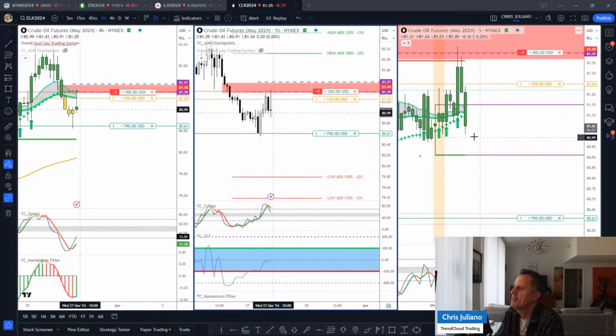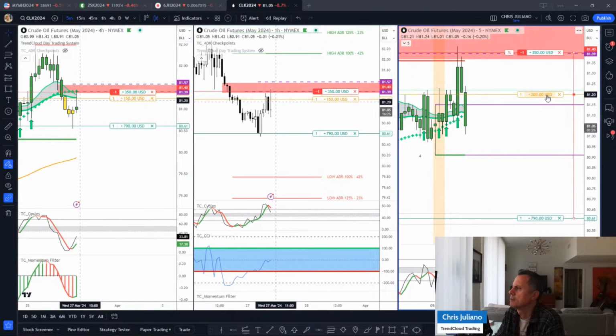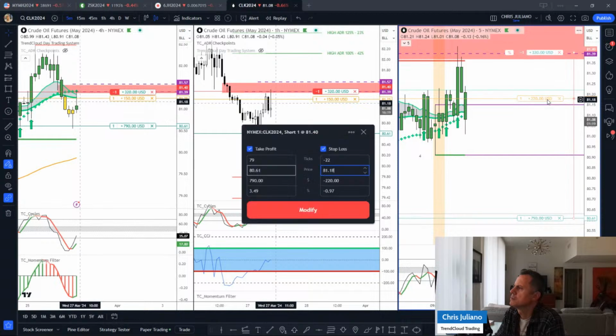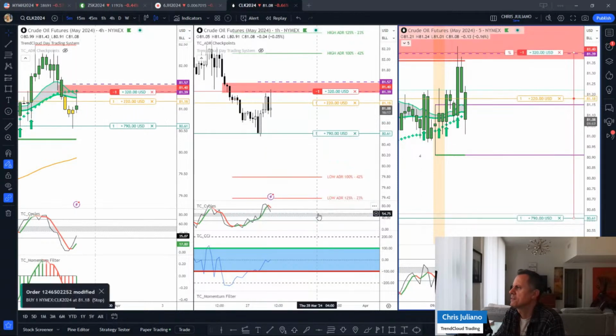Another minute left. Let's lock in at least $200 in case we get some ridiculous reversal. But this is looking really good.